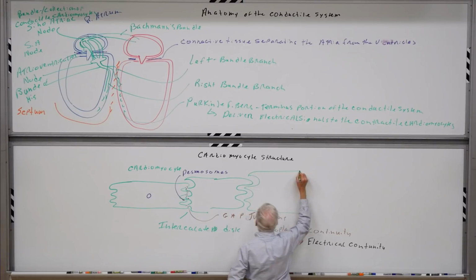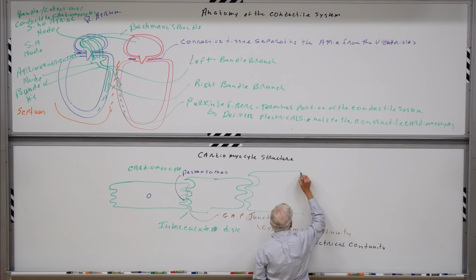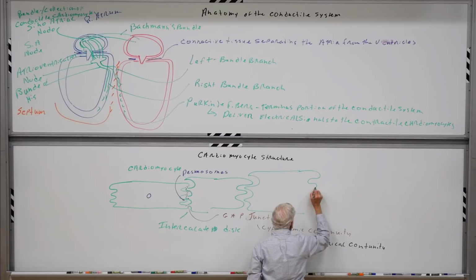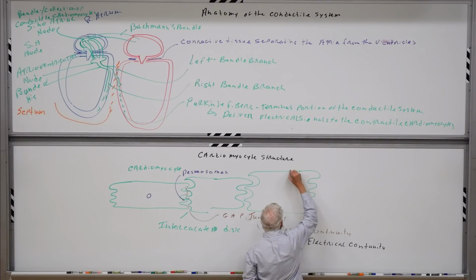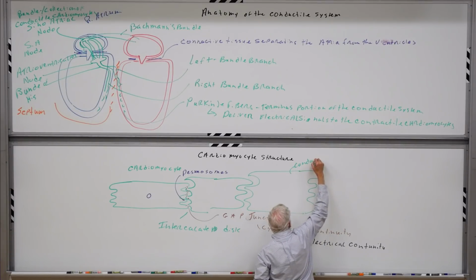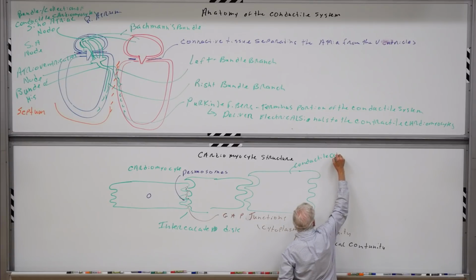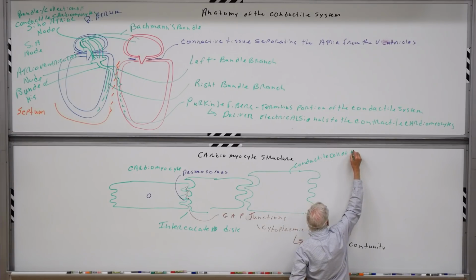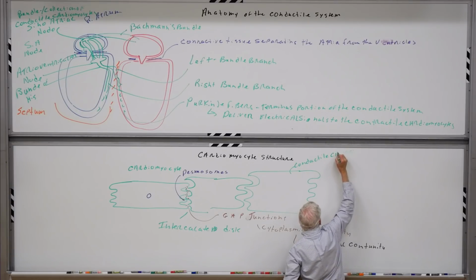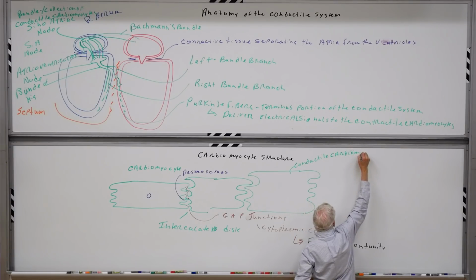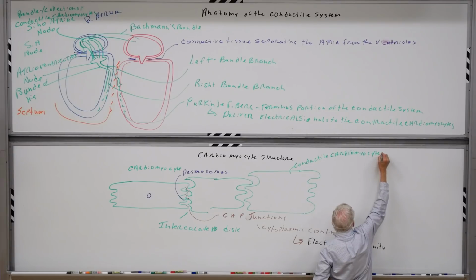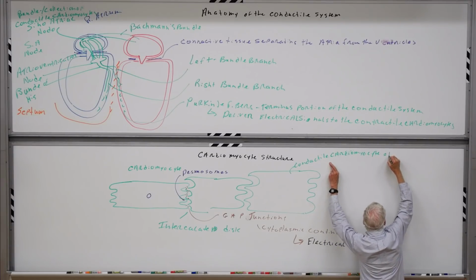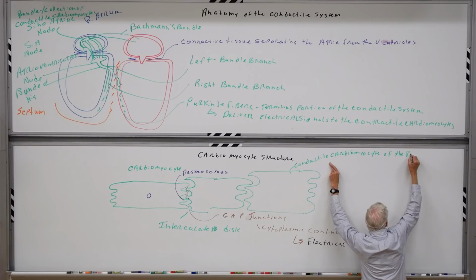And walking through the system above, finally we'll come down to one of these sites, which can be a conductile cell, let me say it's a conductile cardiomyocyte of the Purkinje fibers.